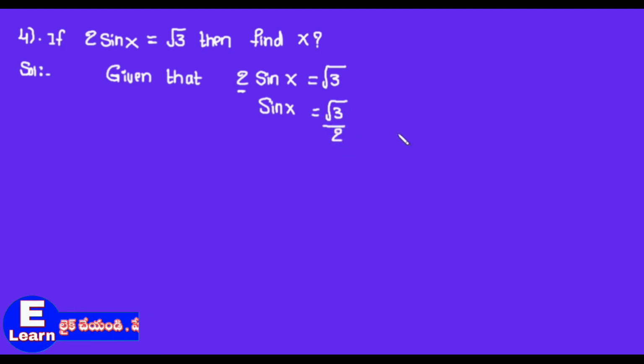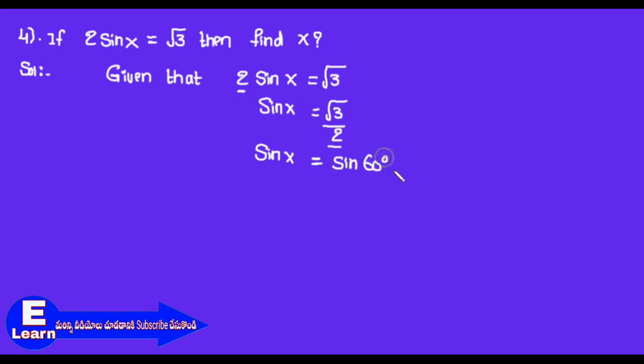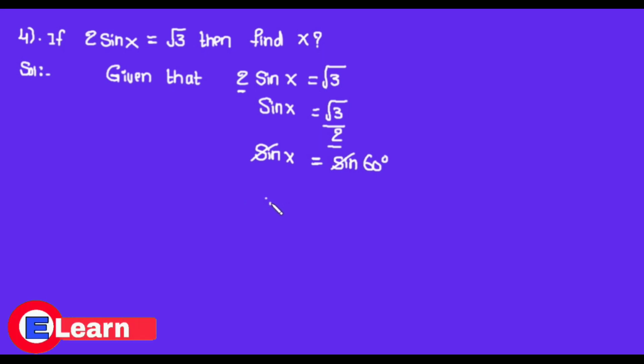We know that root 3 by 2 is equal to sin 60 degrees. So we can write it as sin x is equal to sin 60 degrees. By cancelling sin ratio on both sides, we will get x equal to 60 degrees.